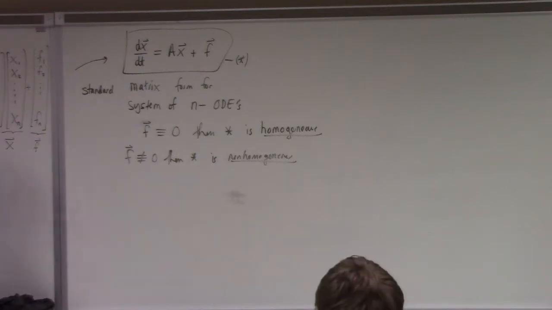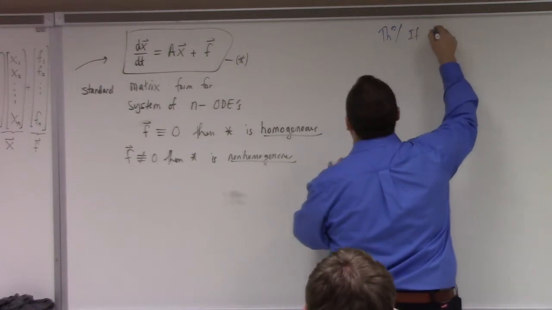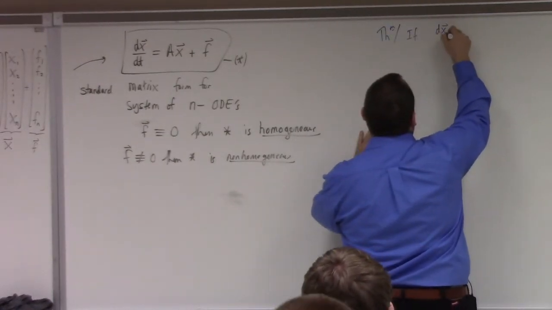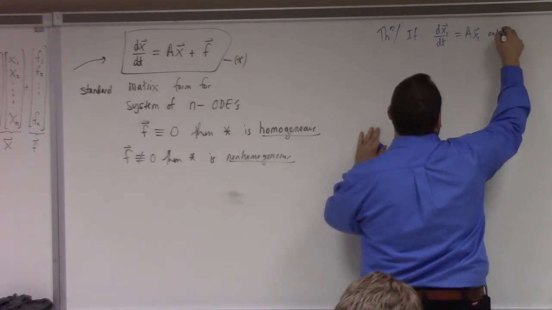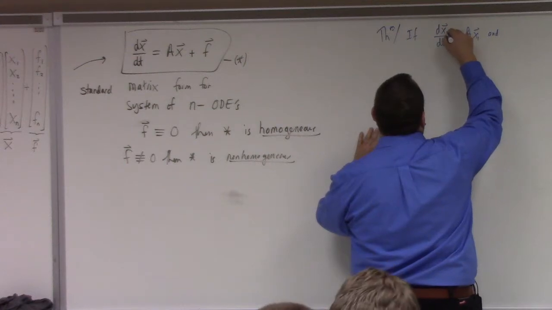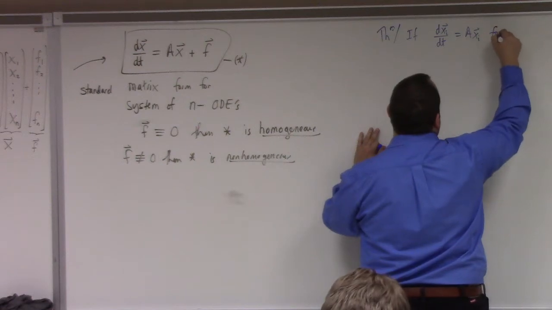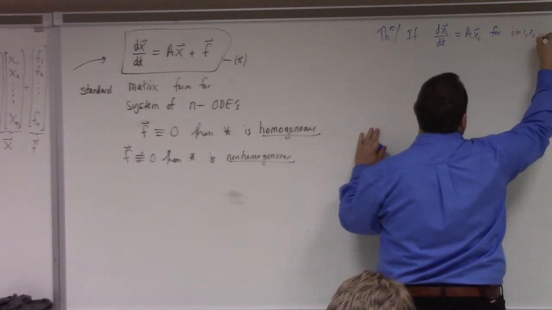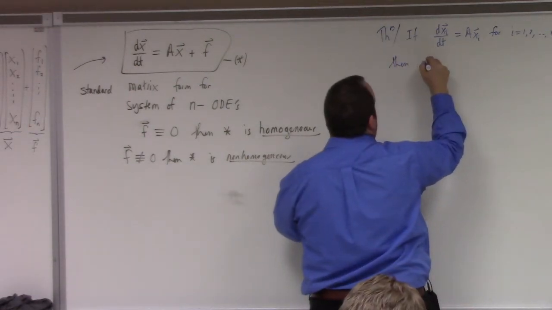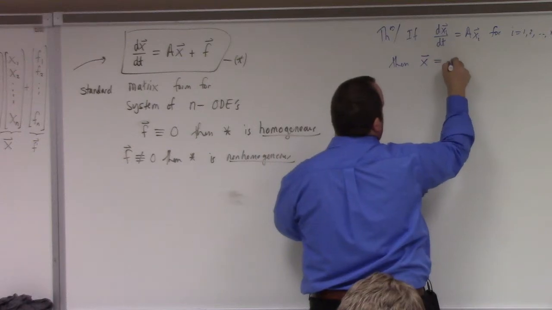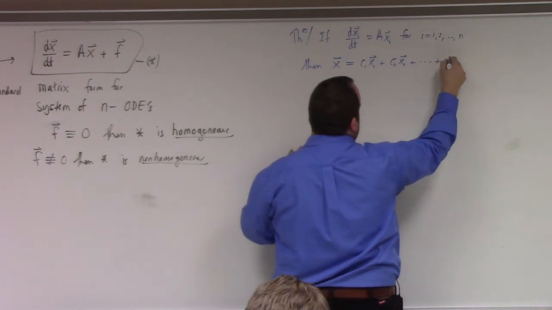Theorem. If dxi dt equals A xi, for i equals 1, 2, all the way out to n, then x equal to c1 x1 plus c2 x2 plus cn xn, guess what?